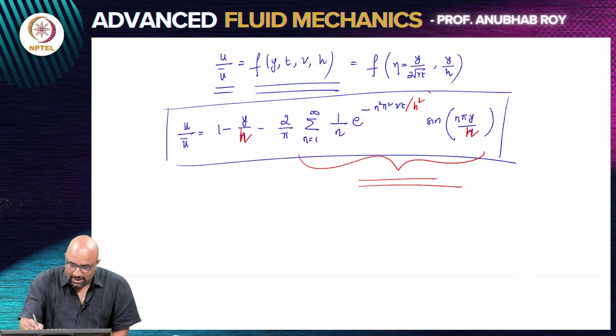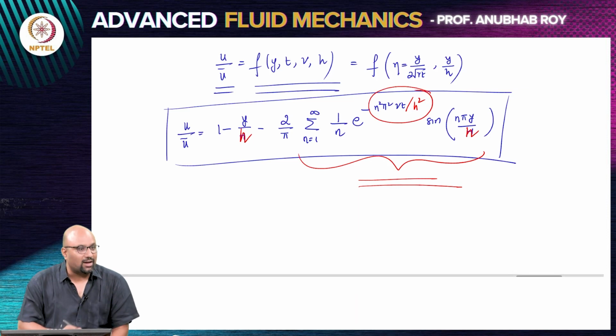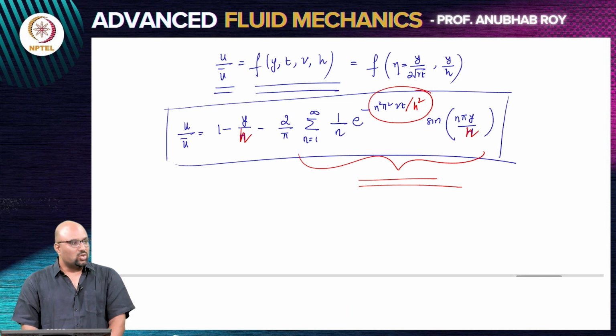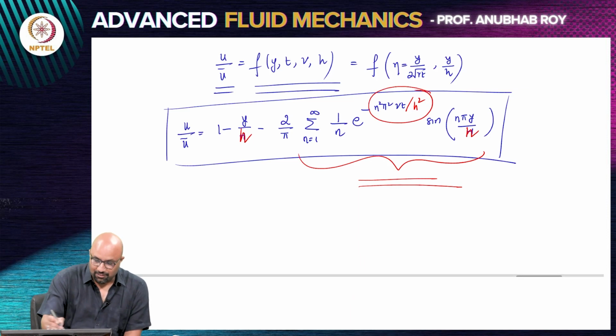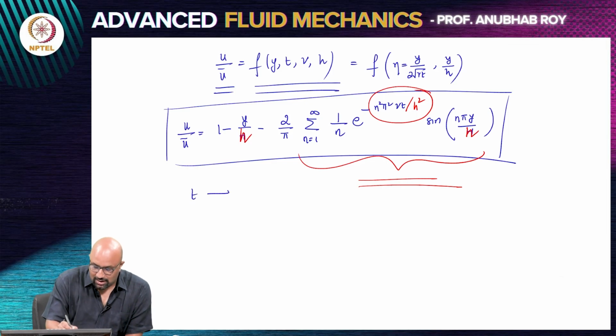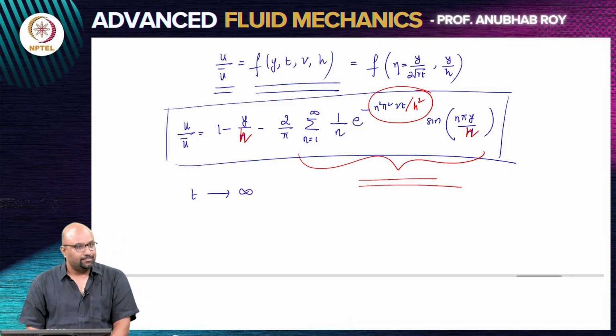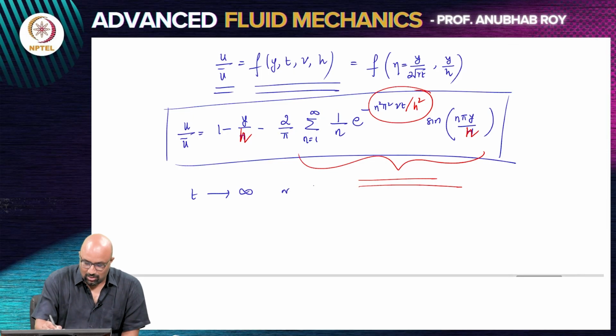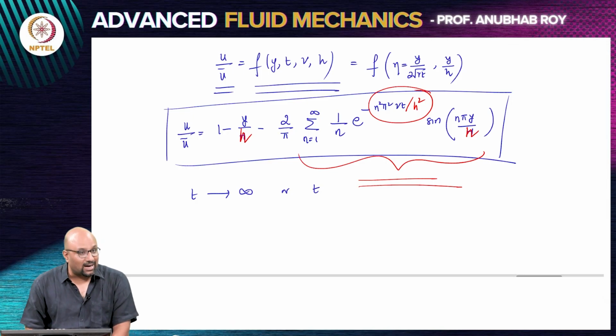So this is an exponential with a negative argument. Which means if you wait long enough, if you take the limit of t going to infinity, or you can ask t being very large. Now what does t being large mean?